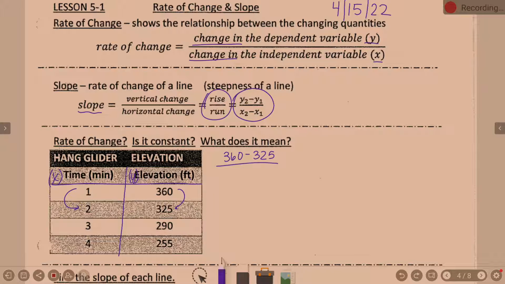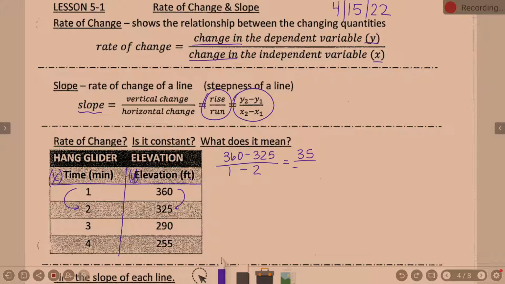What's my X? We'll go in the same order. So since I did 360 minus 325, over here I'm going to do 1 minus 2. I'm getting the X in there. So I did the change in Y over change in X. What is 360 minus 325? 35. 1 minus 2?